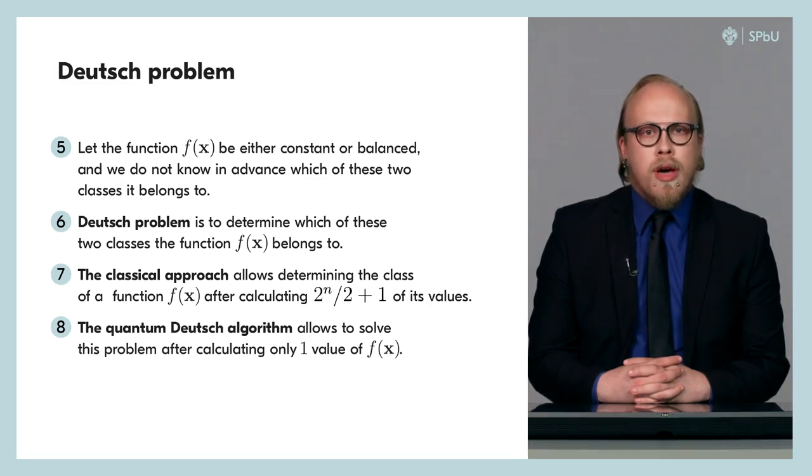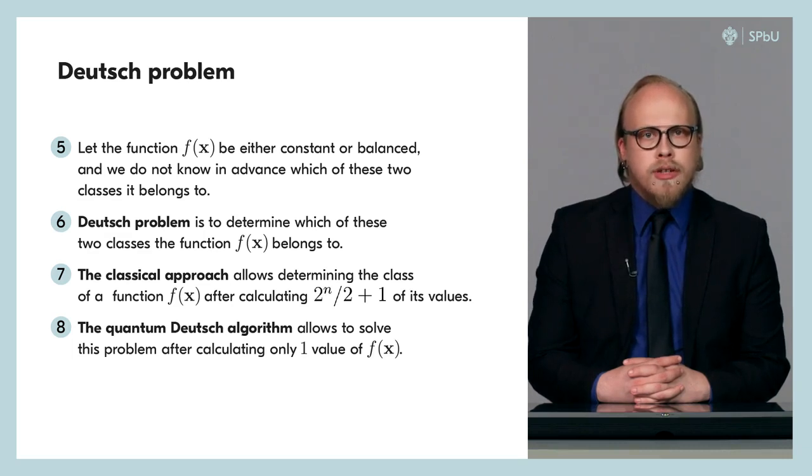So, to determine whether the function f is constant or balanced, we need two references to the oracle. We need to know the value of f of 0 and the value of f of 1. Then, by comparing these values, we will be able to answer the question whether f is constant or balanced.